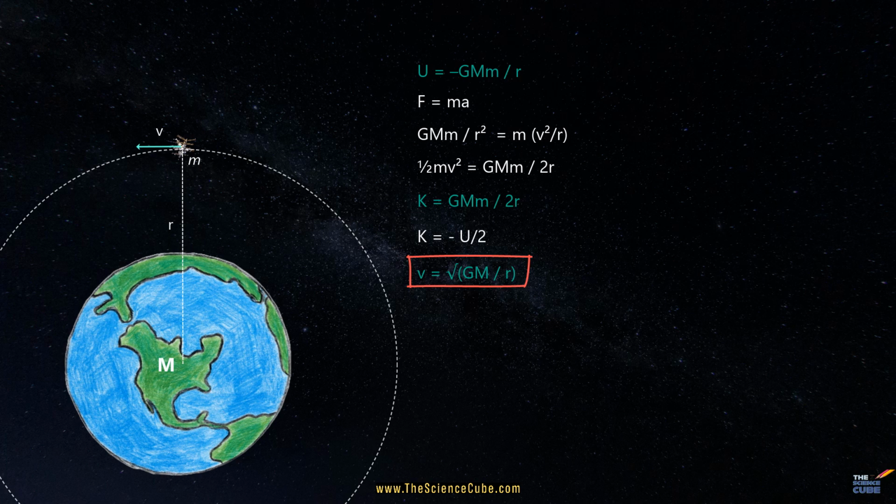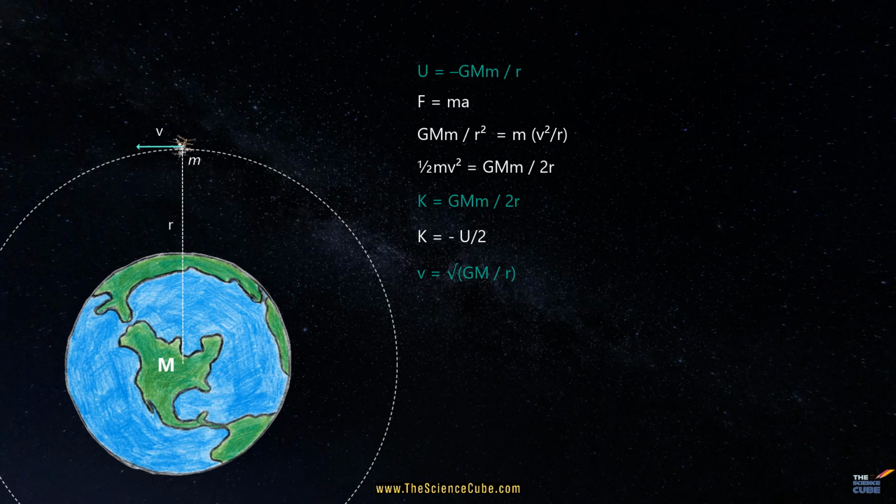It is not possible to choose both the radius r of the orbit and the speed v independently. If you choose radius r, the speed v automatically gets fixed from this formula, and you can have no other speed in that orbit with radius r.